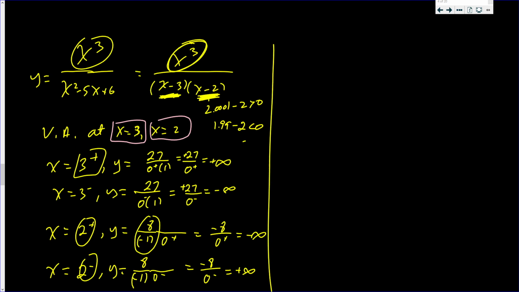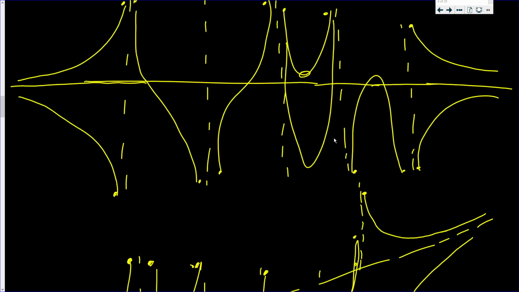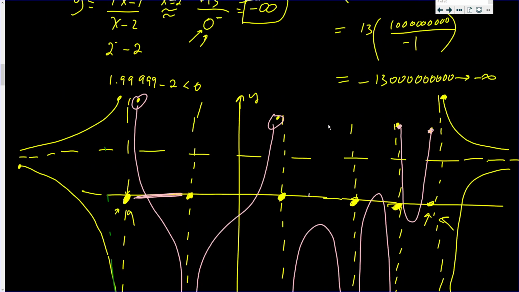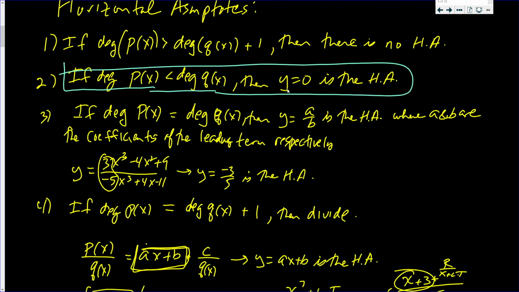Now let us work on the horizontal asymptote. Since the degree of the top is 1 more than the bottom, the rules for horizontal asymptotes tell us to do long division.